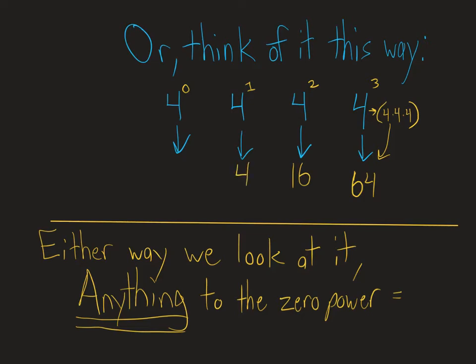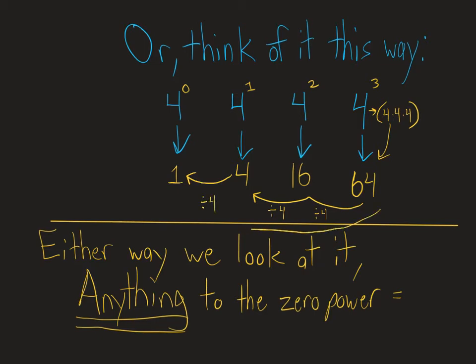So look at the pattern as we go down these exponent values. 64 tracking to 16, we're just dividing off one of those 4's. 16 down to 4, we're dividing by 4. So if we continue that pattern, 4 to the 0, what's it going to equal? We just discovered it's 1, which makes sense along with this pattern. 4 divided by 4 equals 1.